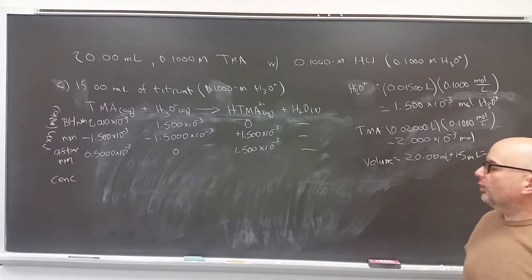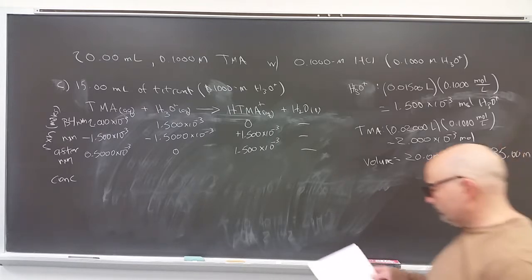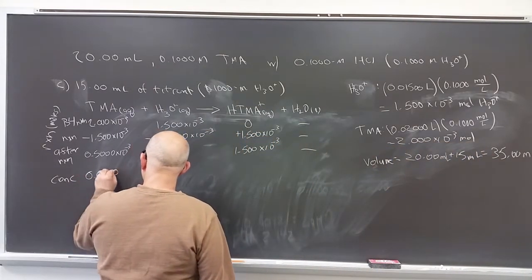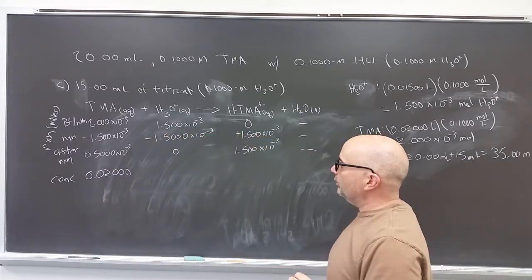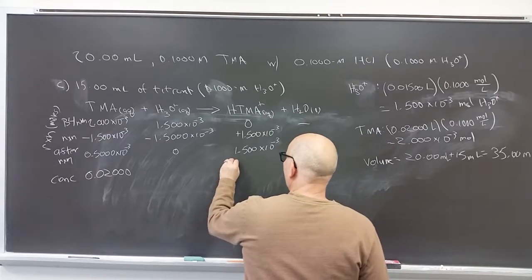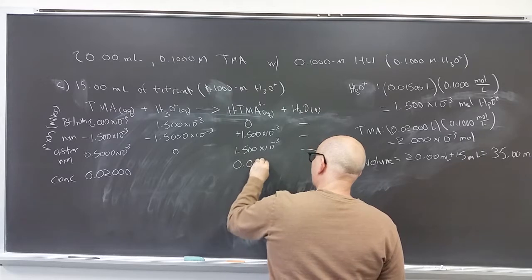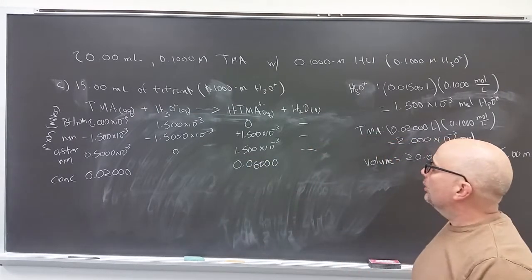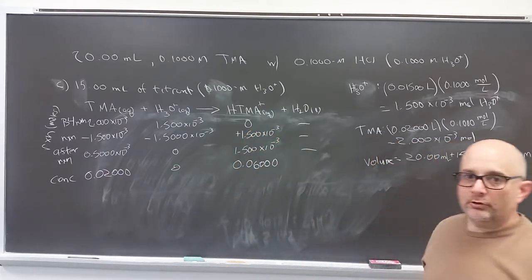So if you divide those amounts by the new volume of 0.035 liters, the concentration of the remaining trimethylamine is now 0.02 molar, and the concentration of the trimethylammonium is now 0.06 molar. And our concentration of hydronium is pretty much 0.